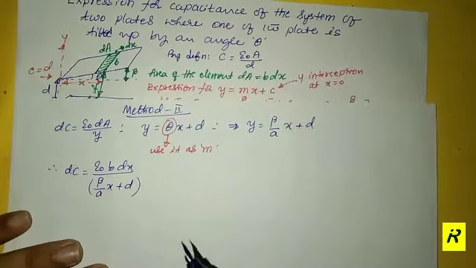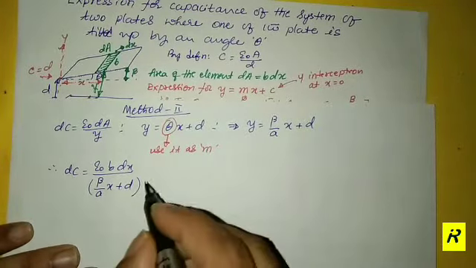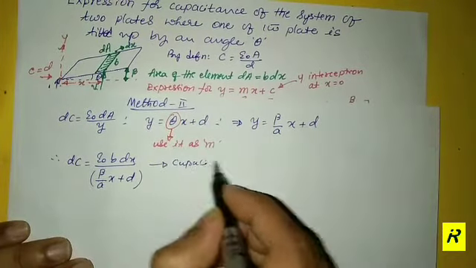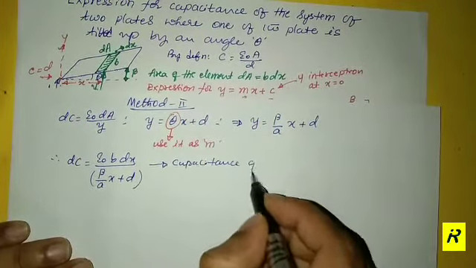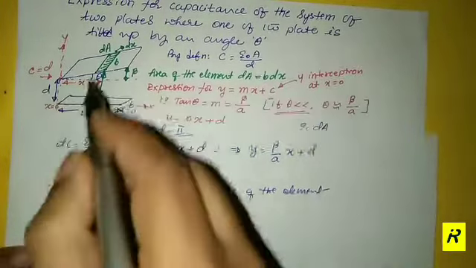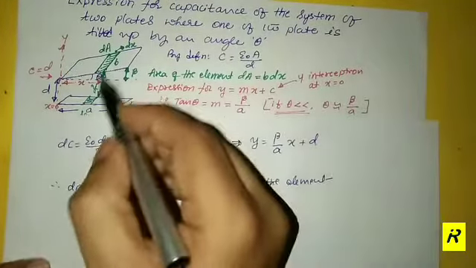Of course, I can take it. Otherwise, let me leave it as it is also. And when I make the integration, this is the capacitance of the element. Capacitance of the element. That means only for this much. Okay, this value holds only for this much.